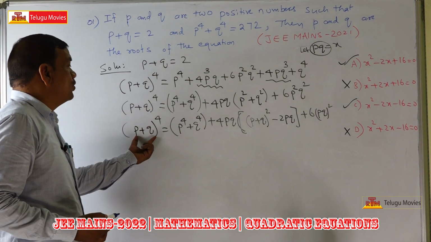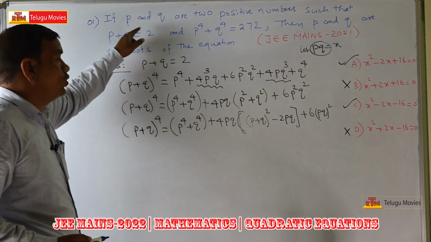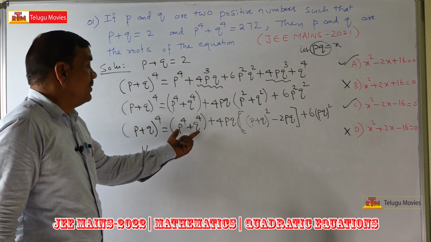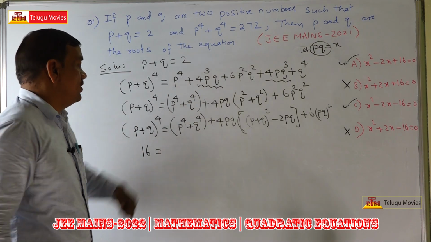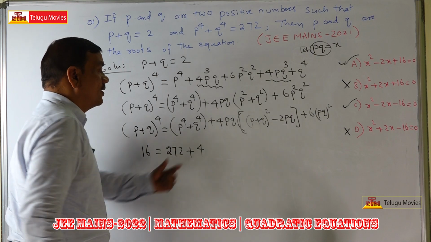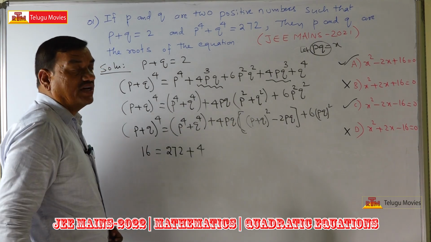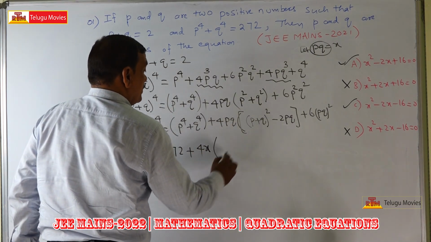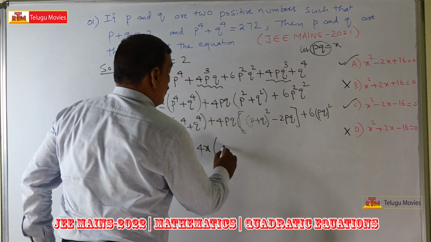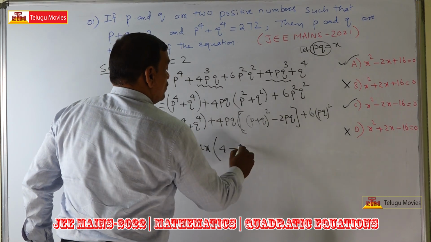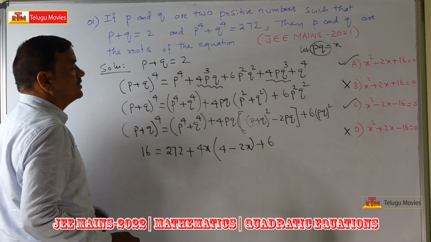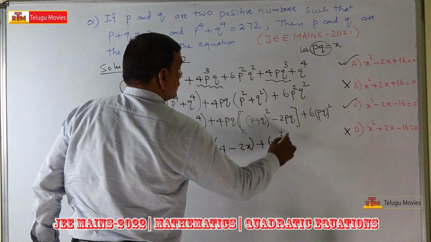So p plus q value is how much? 2. 2 to the power of 4, 16. This is equal to p power 4 plus q power 4 value is 272 plus 4pq, just for my convenience I am taking x, into p plus q value is 2, 2 square 4 minus 2x plus 6, pq value is x, I am taking x square.